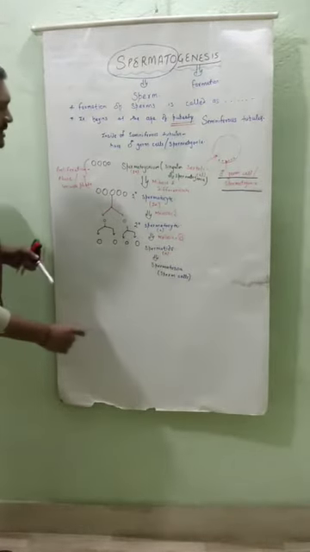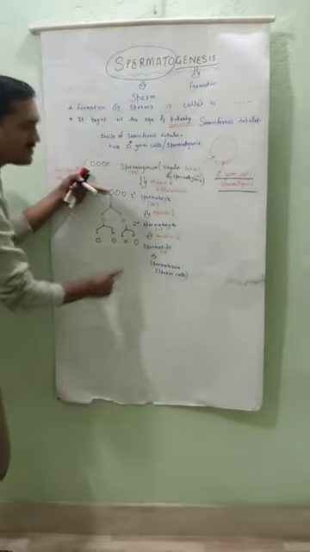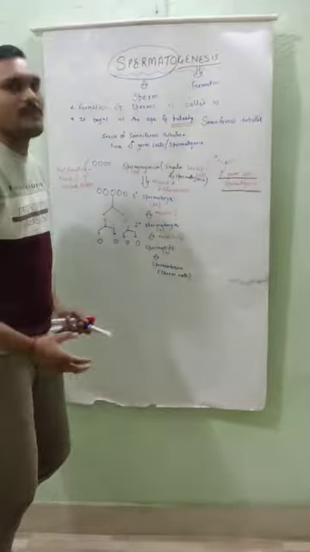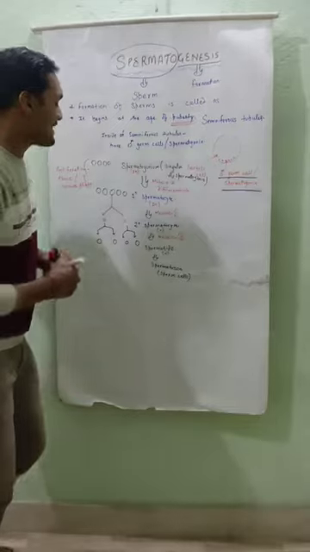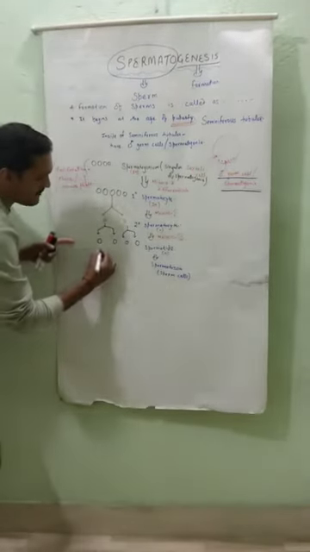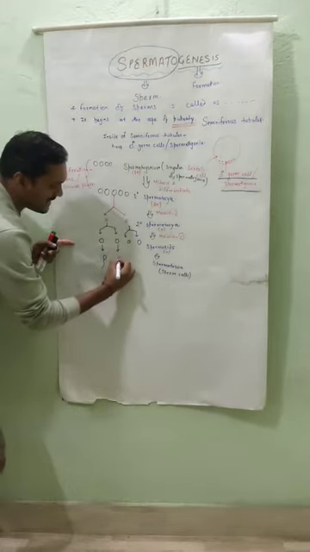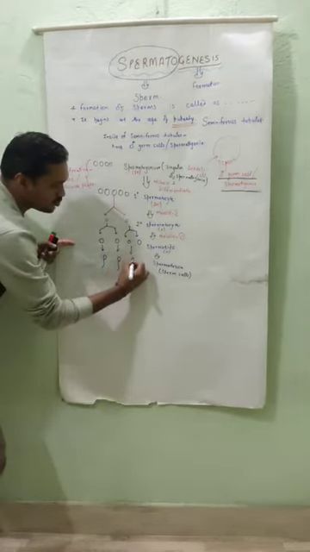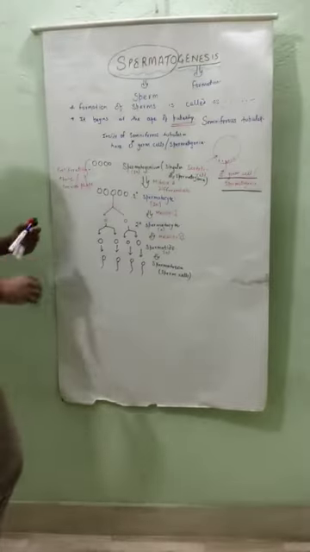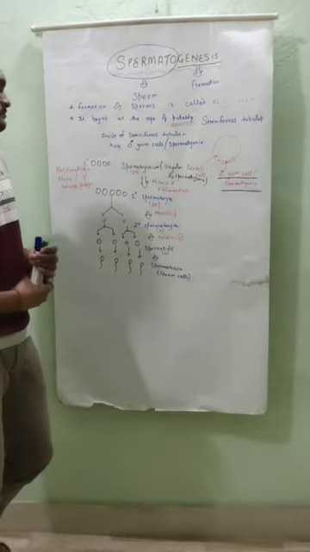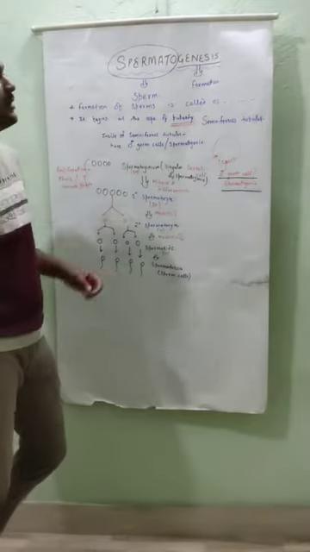That is, in total, from one primary spermatocyte, 4 spermatids are formed. These spermatids, after some time, get developed and get converted into spermatozoa. This spermatozoa is called what? It is called a sperm cell.